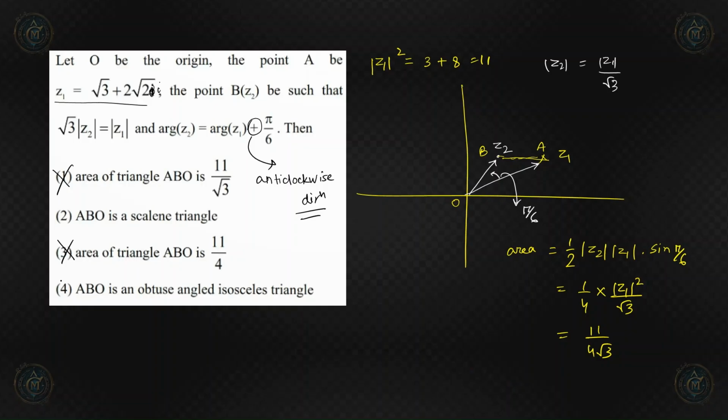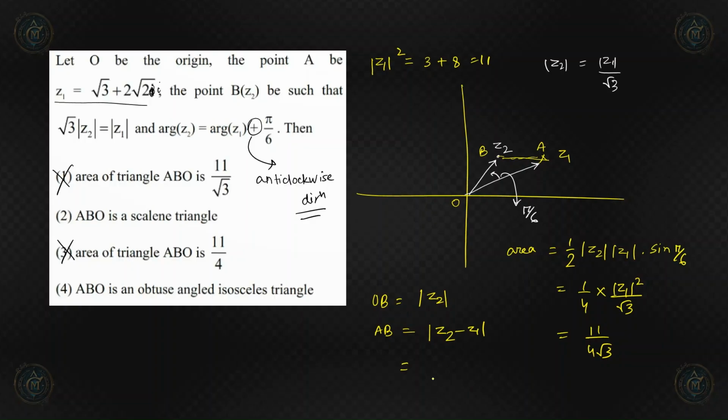Now option 4 says ABO is an obtuse angle isosceles triangle. So let us check the side lengths. We can say OB is not equal to OA, that is, mod of z2 is not equal to mod of z1, so these two sides are not equal. But let us check OB and AB. OB side length is mod of z2, and AB side length will be mod of z2 minus z1.